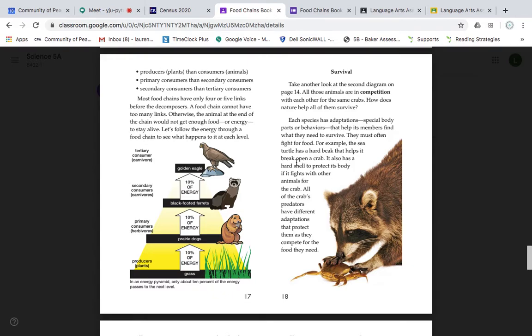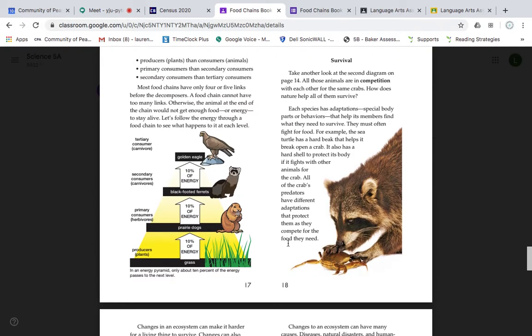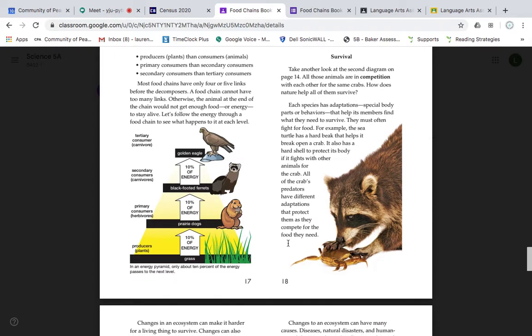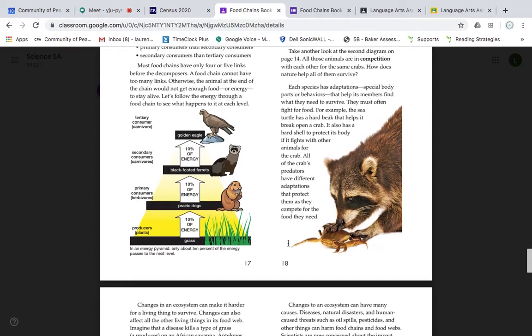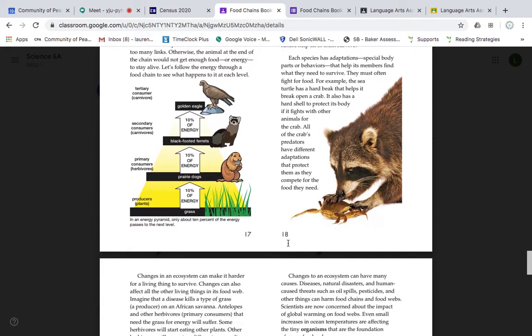They must often fight for food. For example, the sea turtle has a hard beak that helps it break open a crab. It also has a hard shell to protect its body if it fights with another animal for the crab. All of the crab's predators have different adaptations that protect them as they compete for the food they need.